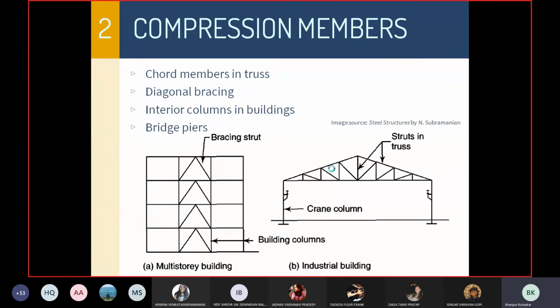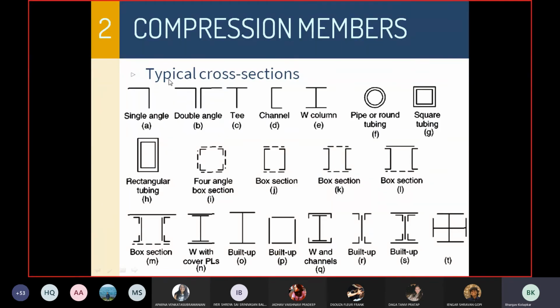So these are our compression members, and these are typical cross sections for compression members. In most of these, you will see that the area is kept as far away from the axis as possible to maximize the radius of gyration. And as we established, a pipe or round tube is the most efficient compression member for a given area.